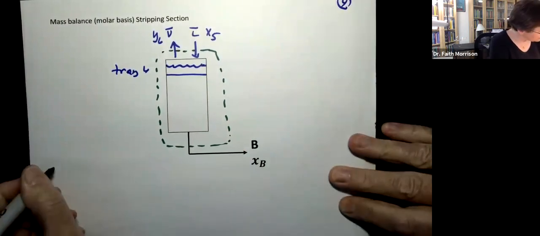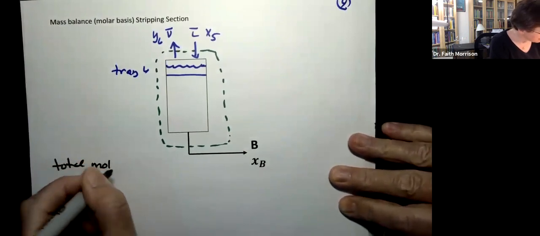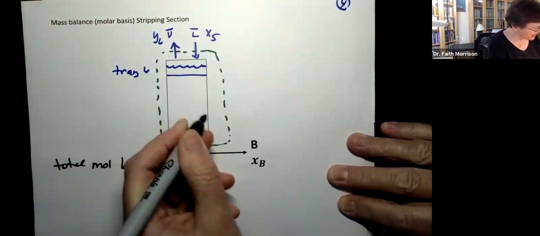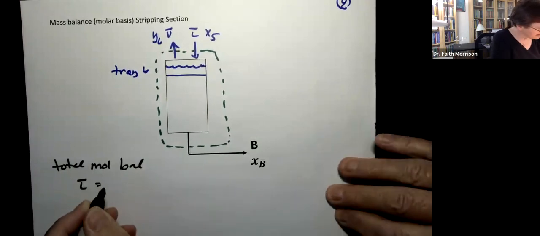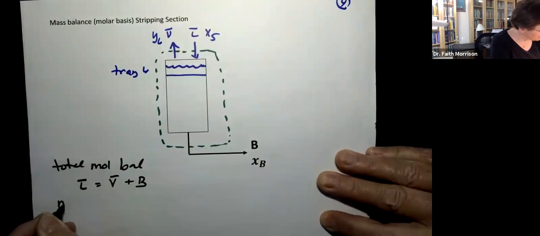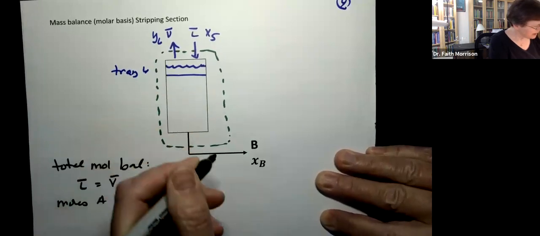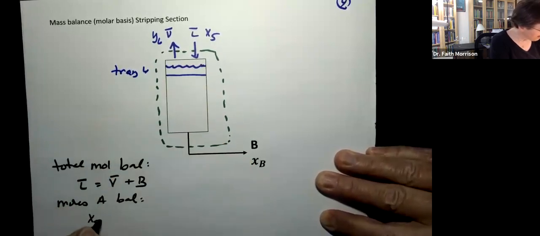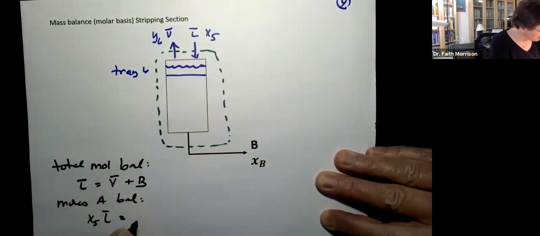We can do the total moles balance: in is L bar, and out is V bar and B. And we can do the moles A balance: in is X5 L bar, and out is Y6 V bar plus XB B.